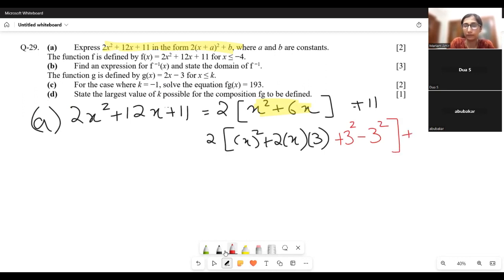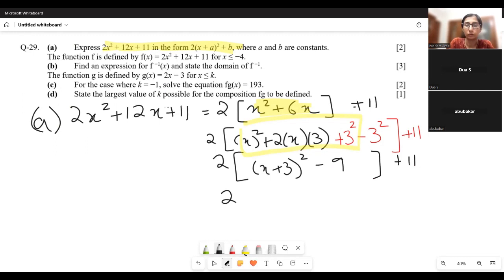Bracket close plus 11. So we have 2 bracket this, and this combined becomes x plus 3 whole square, and then we have minus 9, and outside we have plus 11. So 2 times x plus 3 whole square minus 18 plus 11.